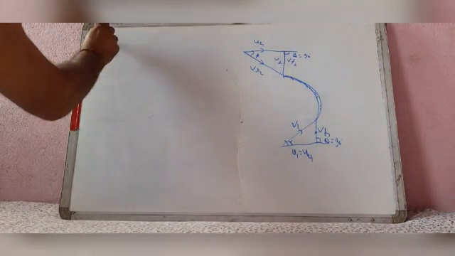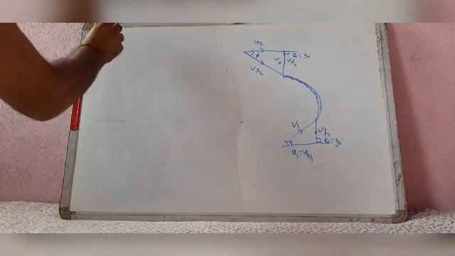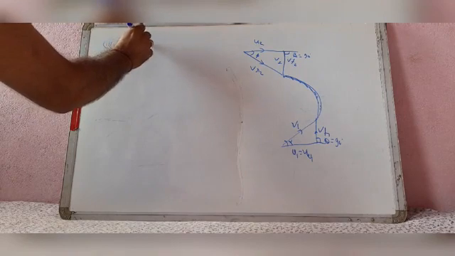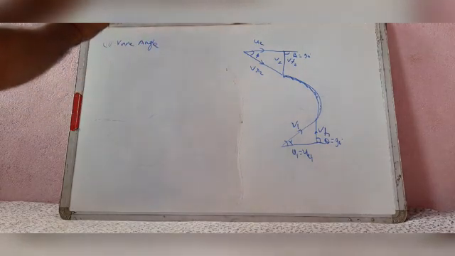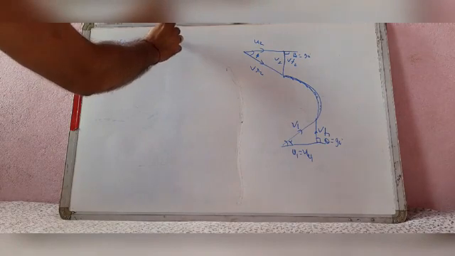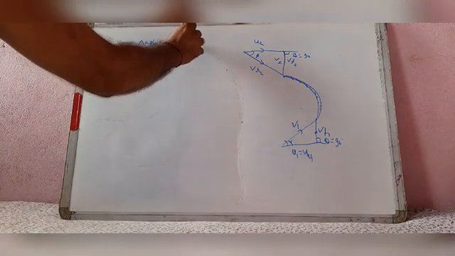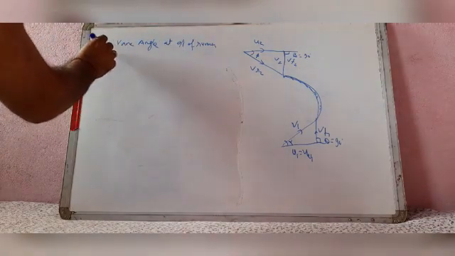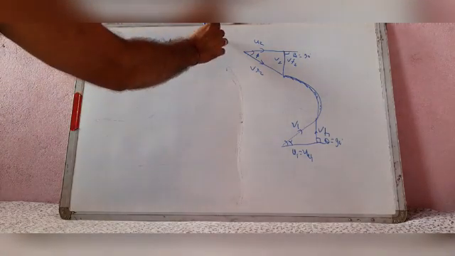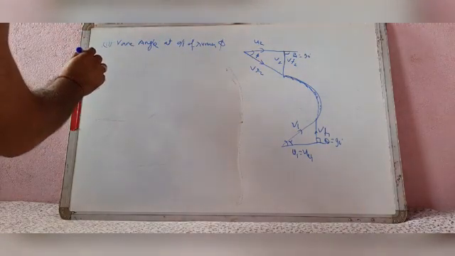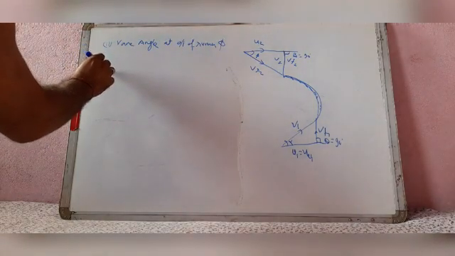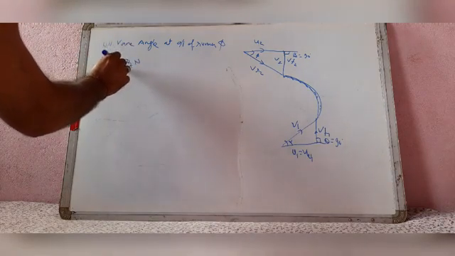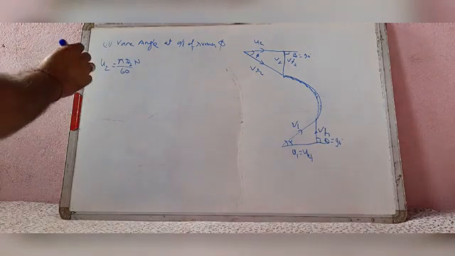Second, we have to calculate the vane angle at outlet of runner. That is angle phi. So U2 equal to pi D2 n by 60.